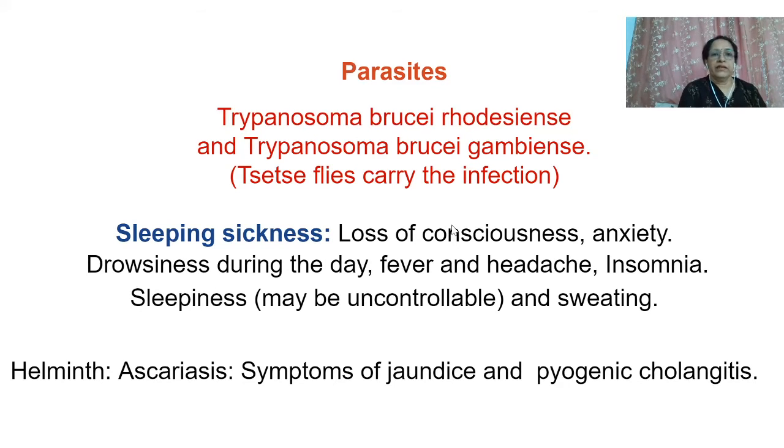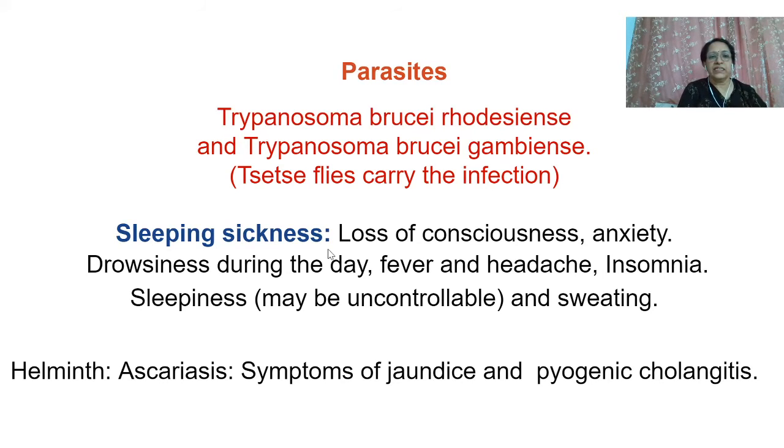Not only viruses, but various parasites like Trypanosoma brucei rhodesiense and Trypanosoma brucei gambiense also cause infection of the liver. Here, the Glossina fly, also called the tsetse fly, carries this infection. When a person acquires the infection, the disease that occurs is sleeping sickness.